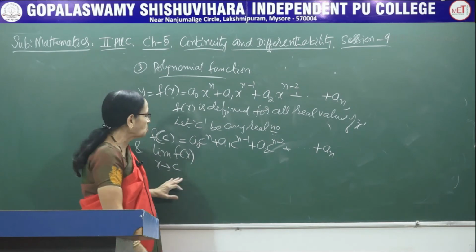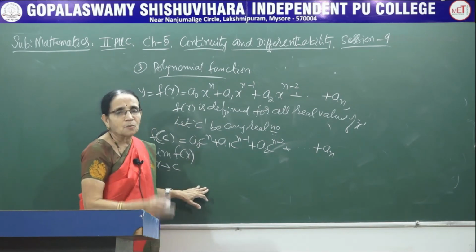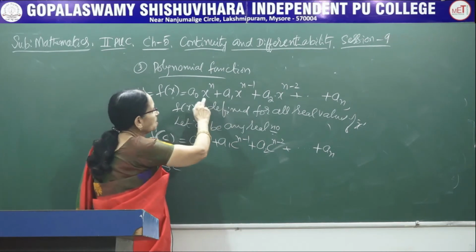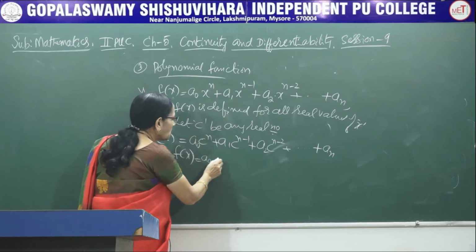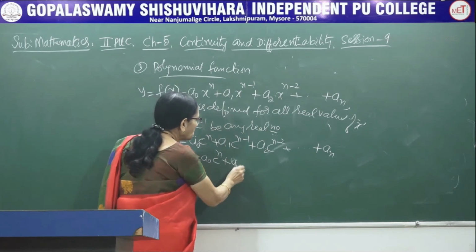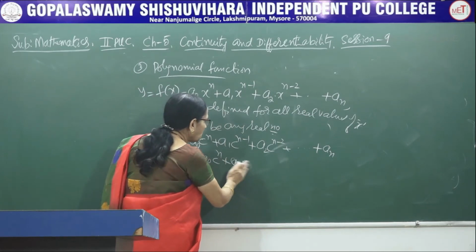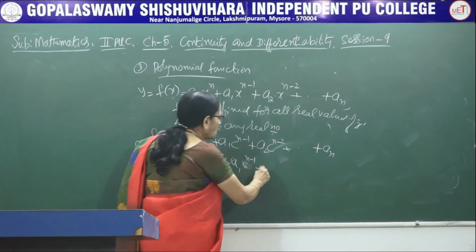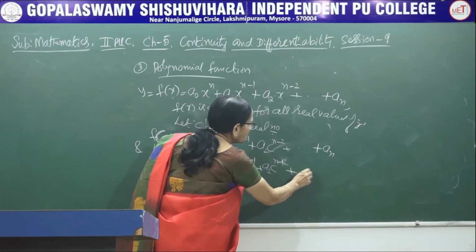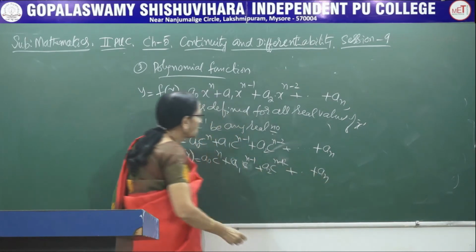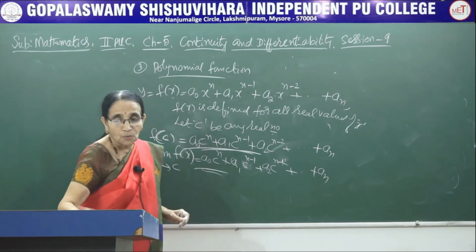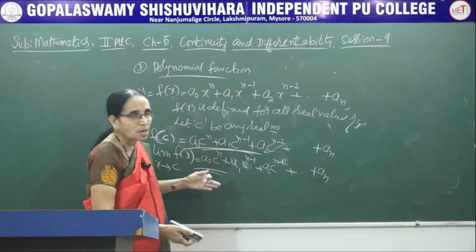So, how do you find the limit? Wherever the variable is there, we write the value c there. So, in the given function, the limit would be equal to a0 c power n, same thing, wherever x is there, replace it by c. So, a1 c to the power n minus 1 and a2 c to the power n minus 2 and so on, plus an. Clearly you observe that this was the value of the function, this is the limit of the function. So, we see that they are equal to each other.